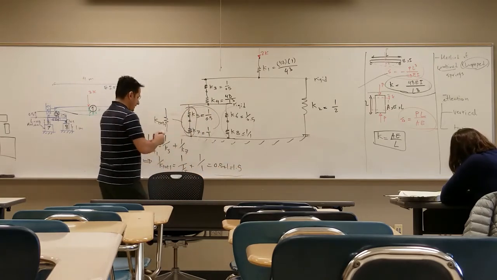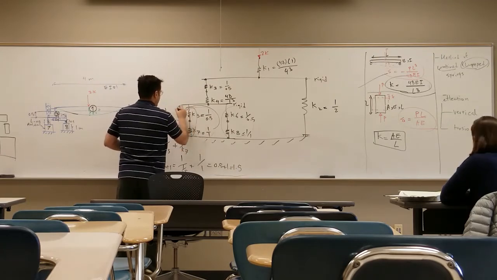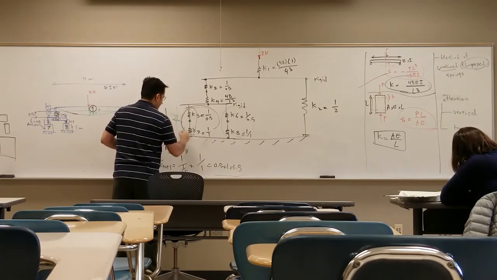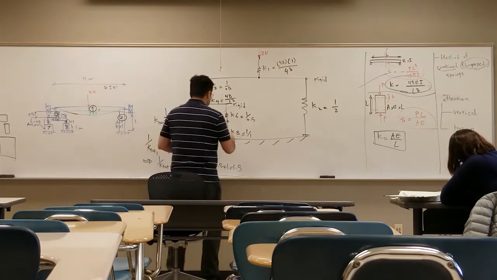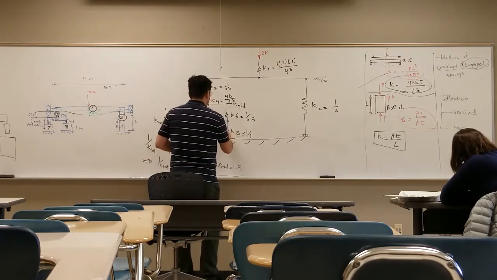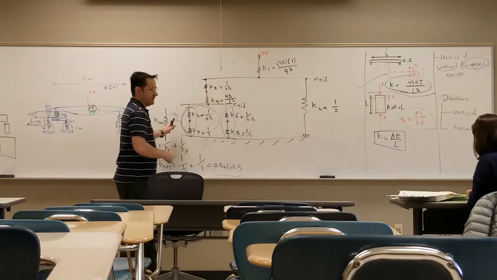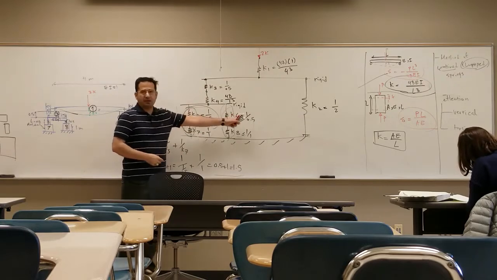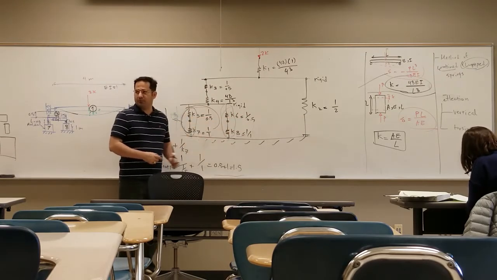So a spring here, let's replace this with a spring. The spring constant is 1.5, right? Now, replace this guy with another spring. Again, the same thing. You see 1 over half, which is 2, plus 1 over 1, which is 1, so 1.5.